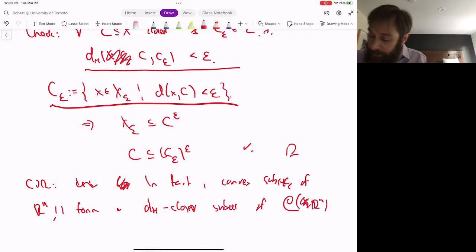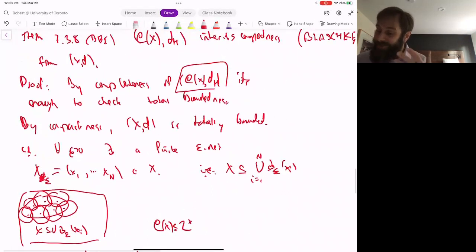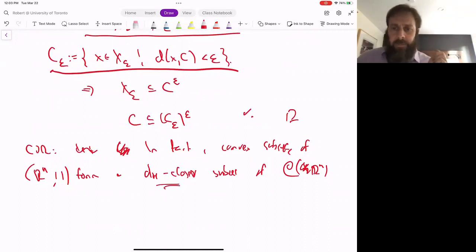This is Euclidean here. And so since the whole set of closed sets is compact for Hausdorff convergence, the set of convex sets being closed is also compact, and that's also sometimes called Blaschke's theorem.